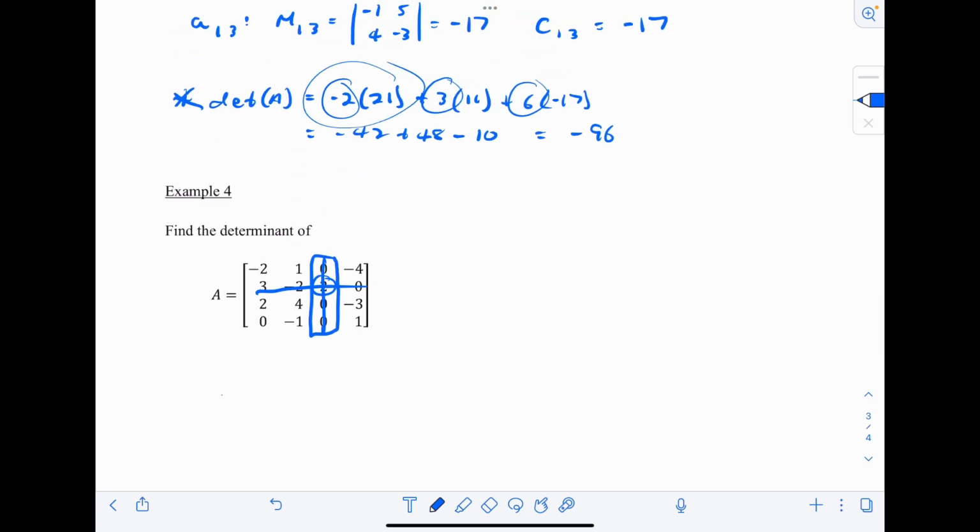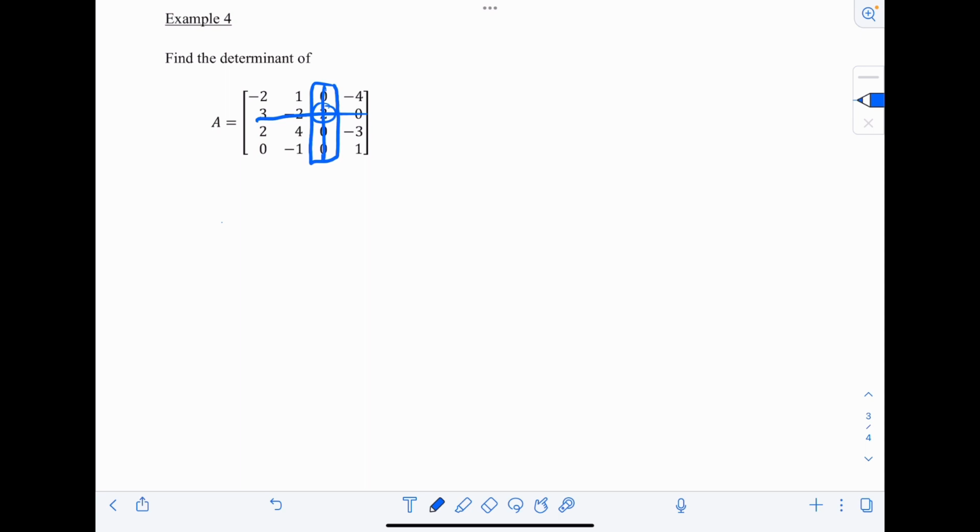I'm going to take the entry of 2 and multiply it by -1 to the power of 5, times the determinant of the matrix -2, 1, -4, 2, 4, -3, and 0, -1, 1.